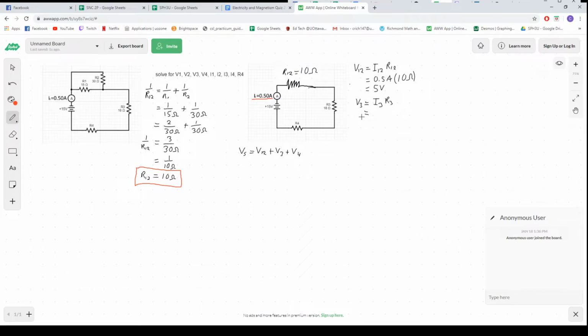And actually, let's write that in above our circuit. Let's do it in a different color, just because it's a pretty important concept. So IS is equal to I12, which is equal to I3, which is equal to I4.